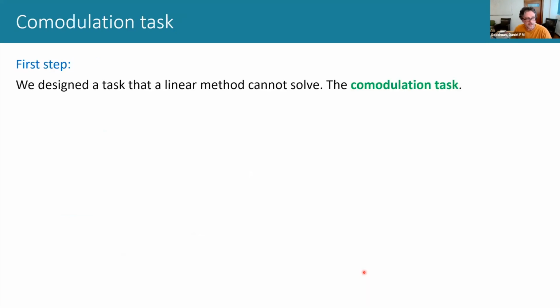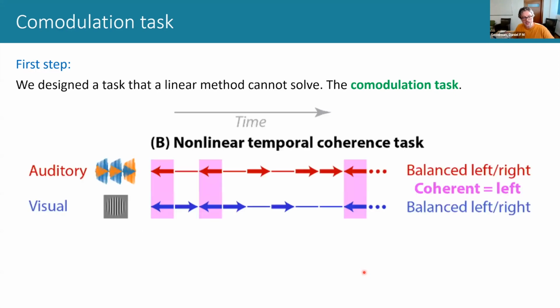Okay, so the first step was to create a task that couldn't be solved linearly. And we call this the co-modulation task, as you'll see in a second. So as before, you have an auditory and a visual channel evolving over time. And at each time instant, you're either getting evidence suggesting that the direction is left, evidence suggesting it's right, or no evidence one way or the other.